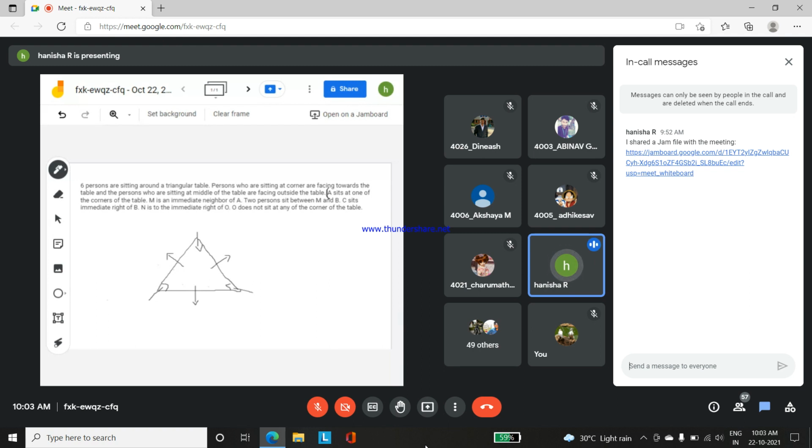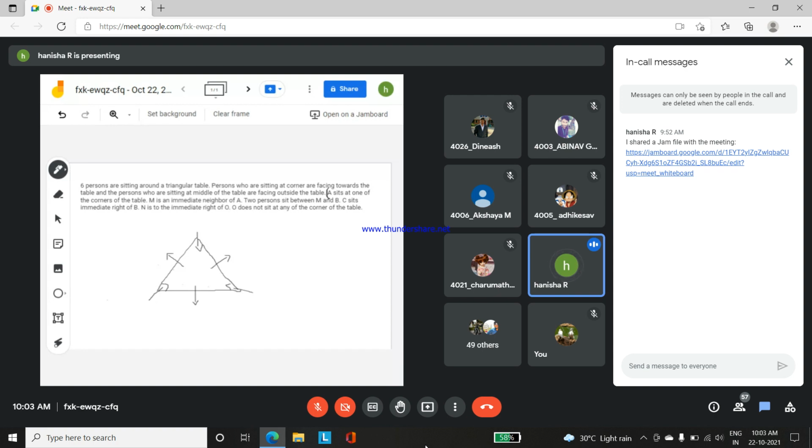Normally in a puzzle type of question, the most important thing to note is the way in which you select the initial start of the clue. The first clue which you are going to use to solve the problem is most important.